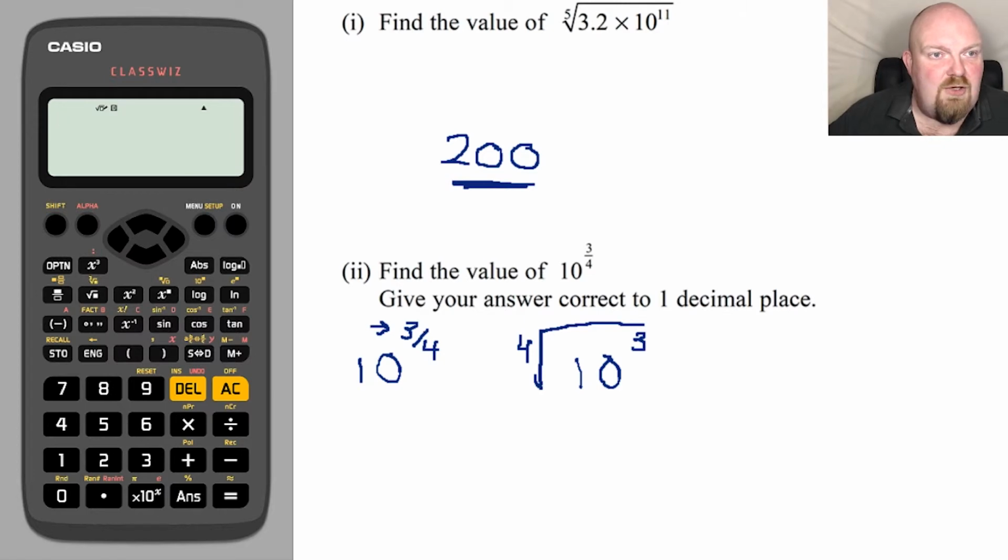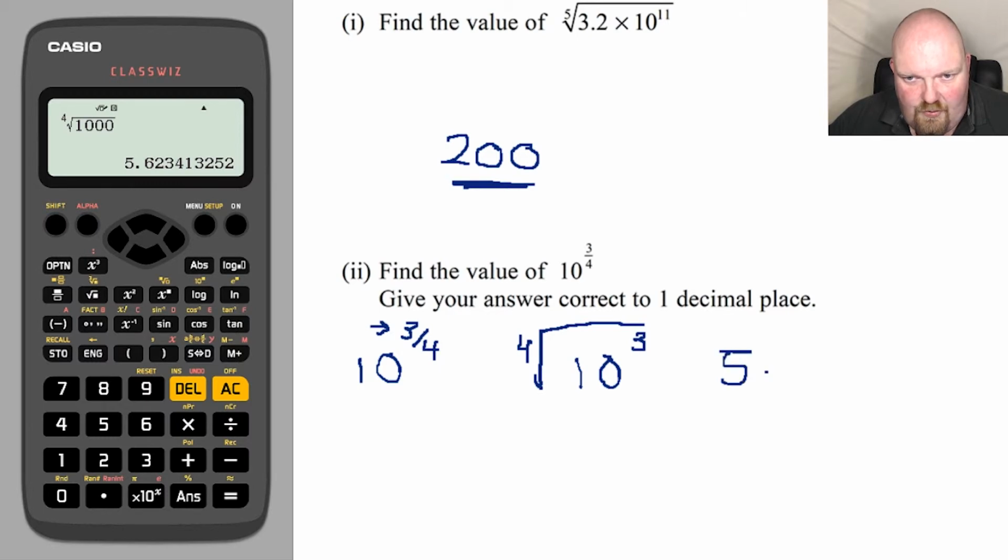Once you know that, you can do it one of two ways. You can either say, if you know that 10 cubed is 1,000, you can jump in and say the fourth root of 1,000, which gives the answer of 5.6 to one decimal place.